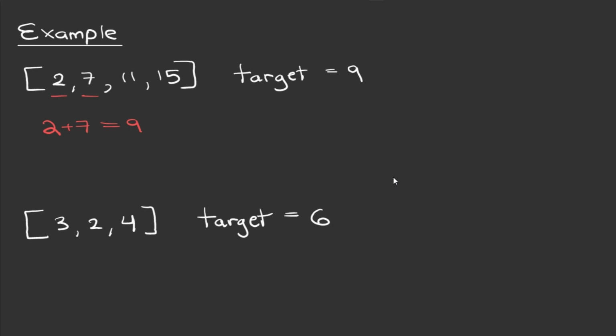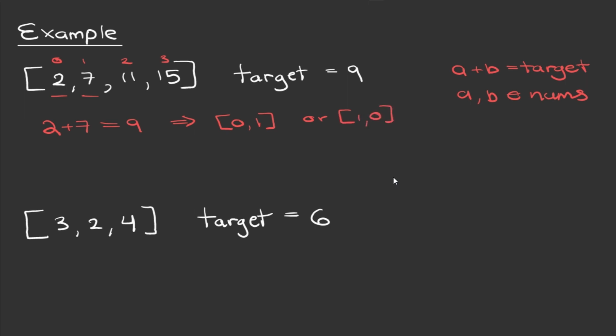If we want to write this more generically, we can write a plus b equals target, where a and b are in nums. And if we write out the indices above this array, we're going to be returning 0, 1, or 1, 0. That's because the index of 2 is 0 and the index of 7 is 1.